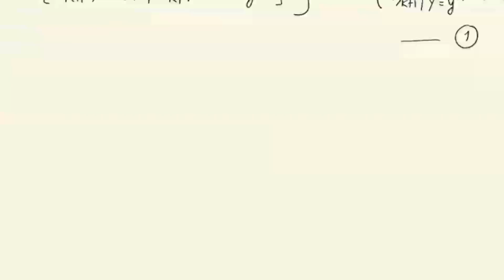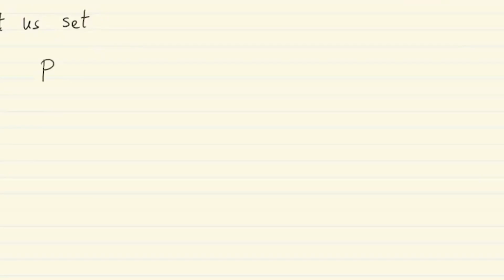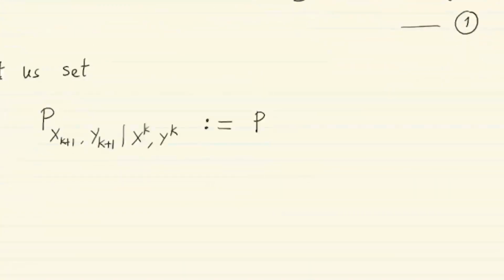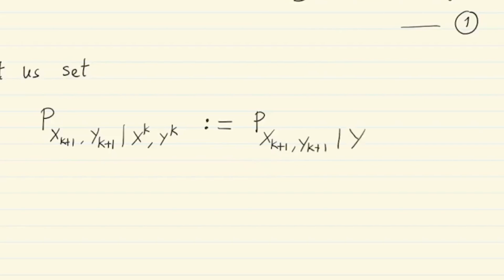So let us set p of xk plus 1, the joint distribution between the k plus first x and the k plus first y conditioned on xk yk, the previous k-length segment, to be equal to, let's define this to be equal to generating using this guaranteed coupling for the last two variables of the x and y sequences, xk plus 1 yk plus 1 conditioned on yk alone.